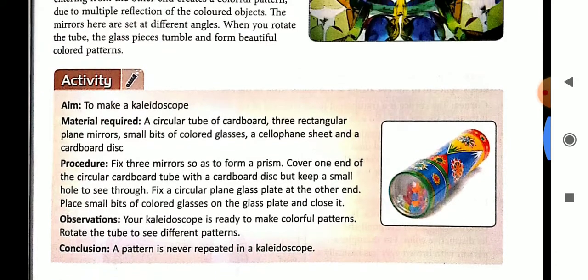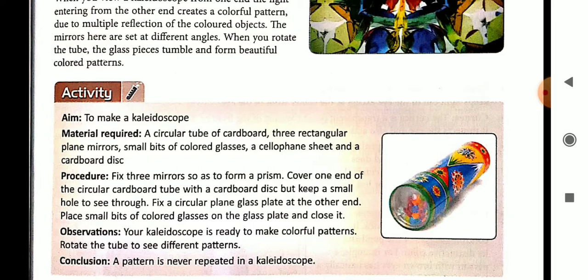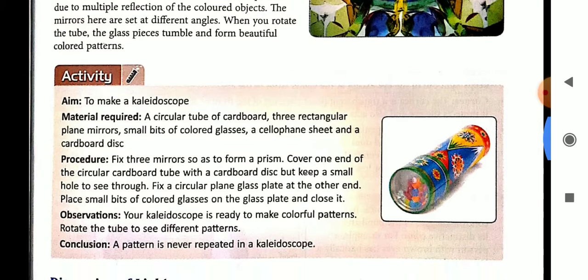One more application where multiple reflection is there is the periscope. In a periscope, two plane mirrors are used at an angle of 60 degrees and it is used to see objects which are at a height, if the person is in a lower area.